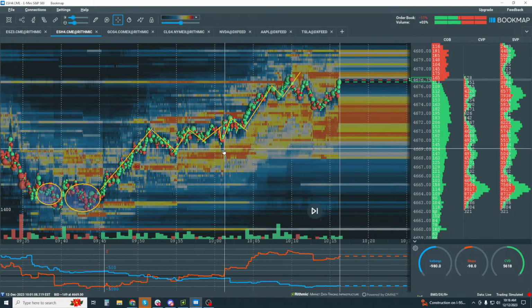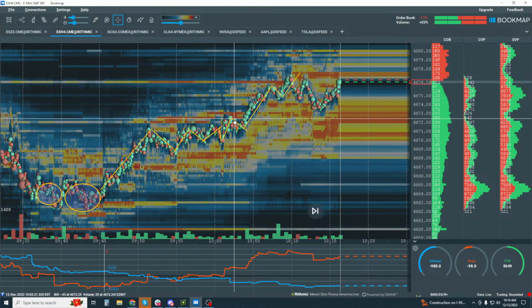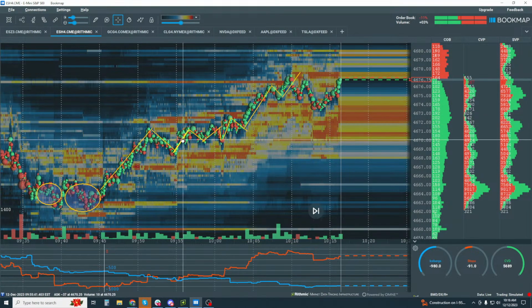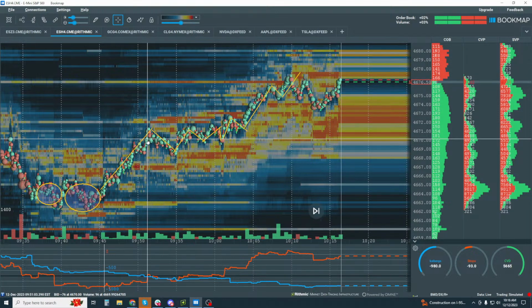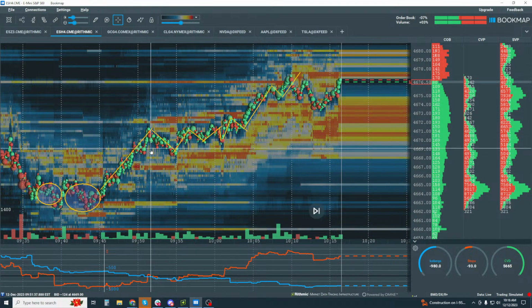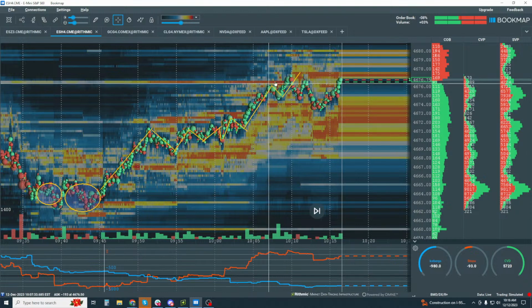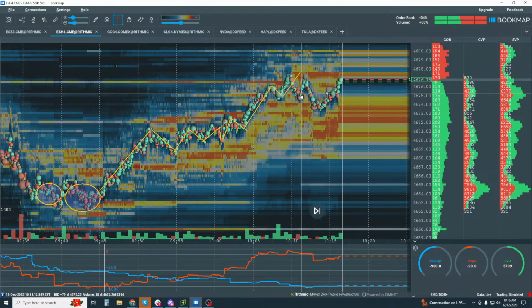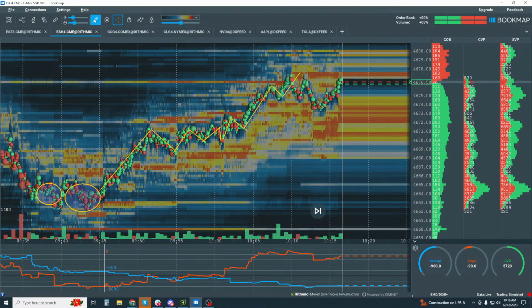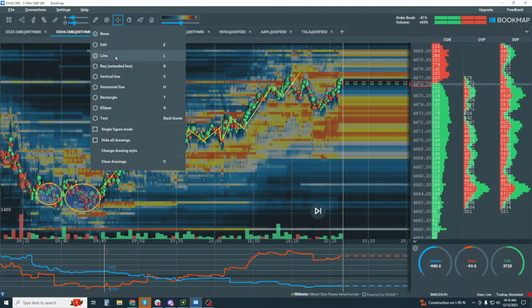Last week we covered this pattern in here, and we took these strong moves like this and kind of tilted it on its side, and then we looked at the order flow within it. It's the same idea. It's just not as strong.